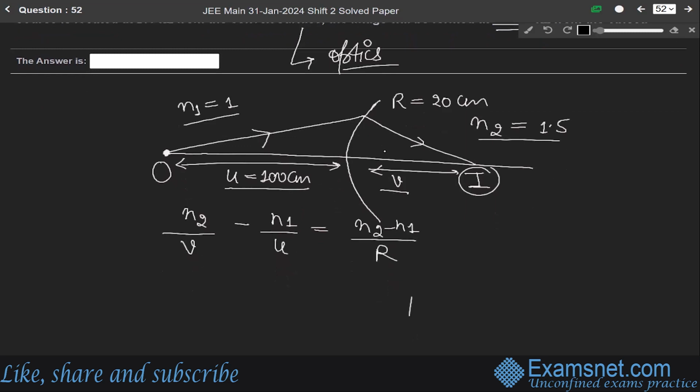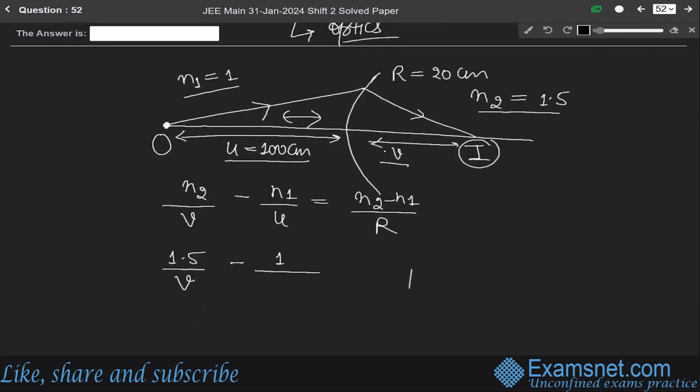Okay, now putting the values, N2 is 1.5, over V, we have to find the value of V, minus N1 is 1, and U, since the object is on the left hand side of this curved surface, we will take the value of U as negative, means minus 100 according to sign convention, equals N2 minus N1, means 1.5 minus 1, over R. R is 20 centimeter.